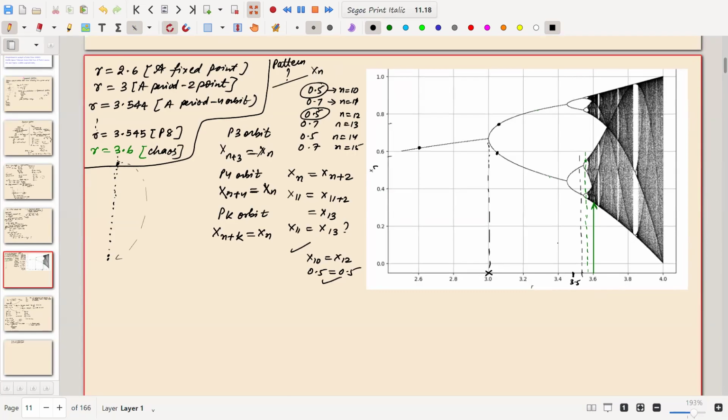You see a fixed point, which is a period 1 orbit. After that, it doubled, like a period 2. 1 times 2 is 2. After that, 2 times 2, it went to 4. After that, it went to 8. After that, you can still see 16. After that, it went to chaos. It is doubling, doubling, doubling, and going to chaos.